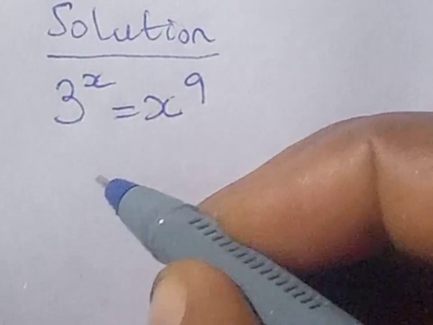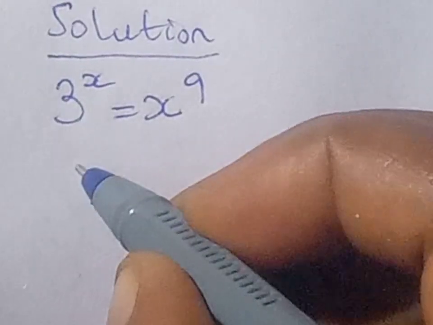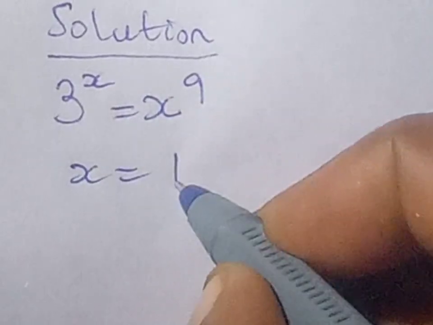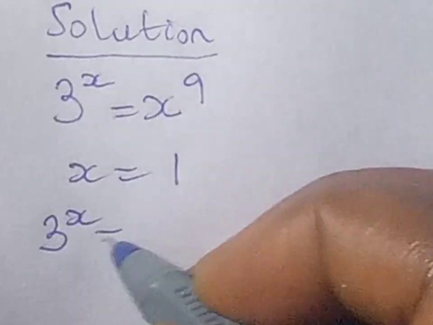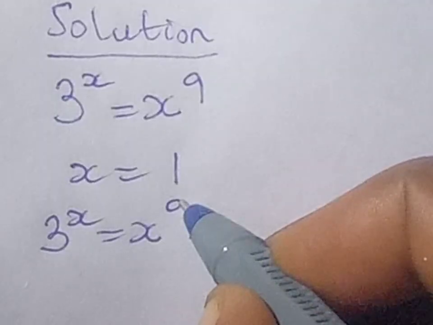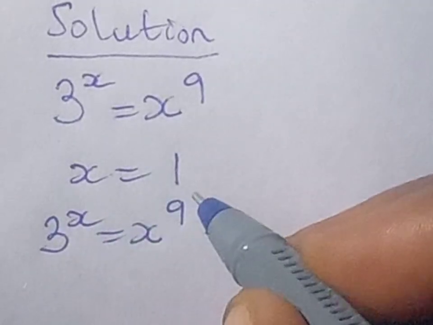The first thing is, let's try if x equals 1. Our equation again, 3 raised to the power of x equals x raised to the power of 9, where x equals 1.